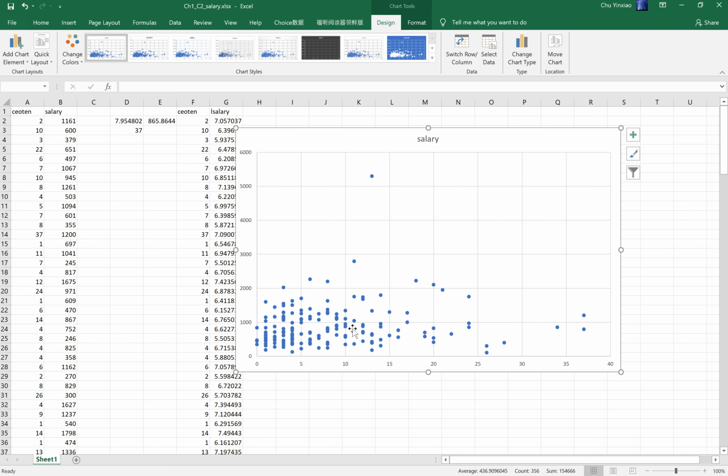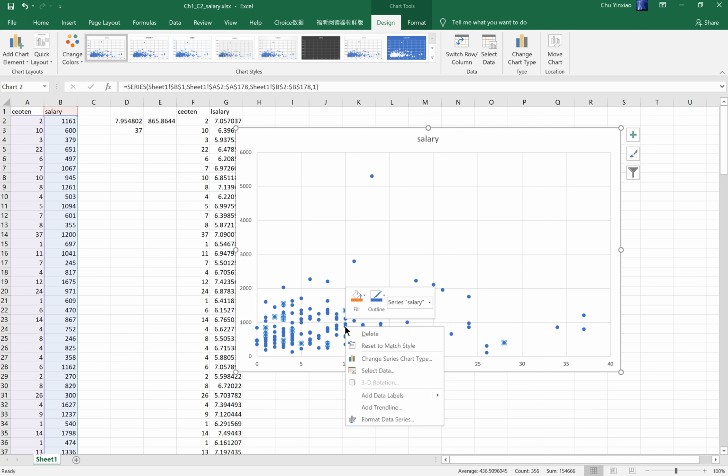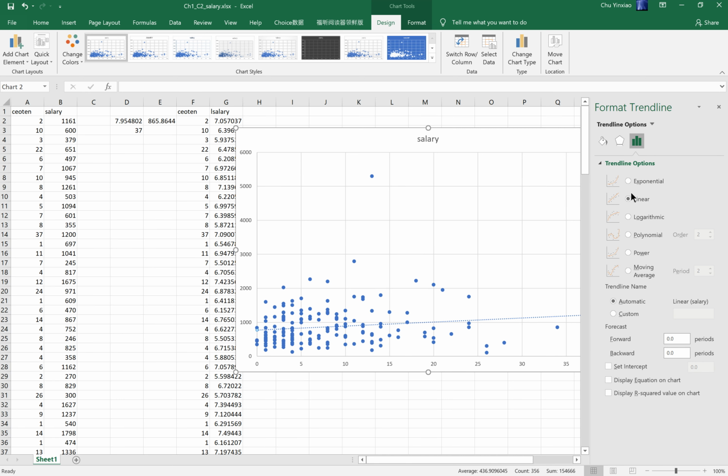We can also get a trend line, but now we don't choose the linear one. Actually, we choose the exponential one.